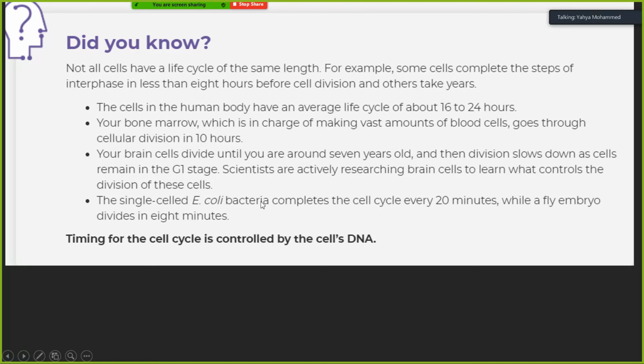Simpler things like fly embryos and bacteria go much more quickly. Bone marrow cells, where you need to create blood cells quickly, take 10 hours. Brain cells don't just keep replicating quickly, so it's going to take them a lot longer to go through this whole circular cycle.